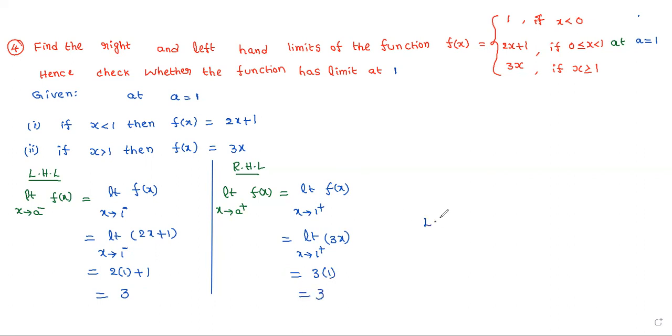Therefore, LHL is equal to RHL. Limit x tends to 1 f of x exists. The value of limit x tends to 1 f of x is 3. Okay, right.